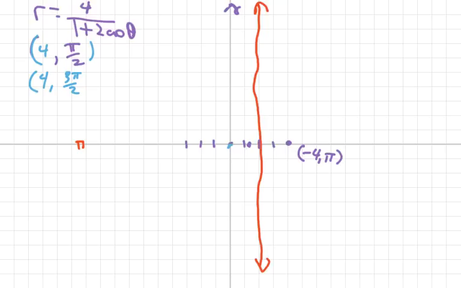So from my pole, I go up, this is pi over 2, up here. So I go 4, 1, 2, 3, 4, and down, 1, 2, 3, 4. So from my vertex, I kind of draw it out this way.